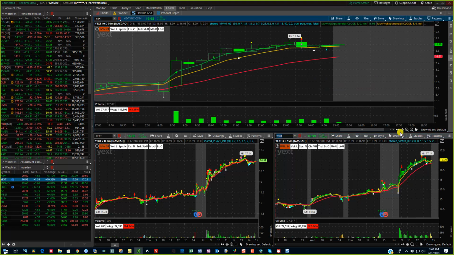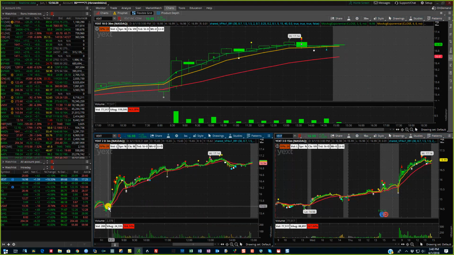Here's a 30-minute chart. Here is the 3-minute chart. So after the market opened, I saw it immediately after the market opened. I didn't buy this, unfortunately, but you can see that it moved up nicely, pulled back, a little shakeout, and then it closed here, closed up a penny in the aftermarket.